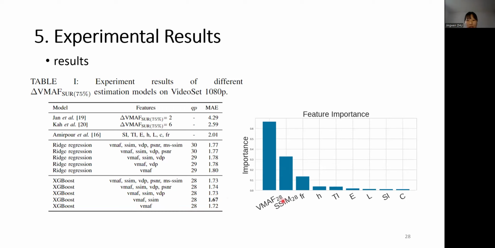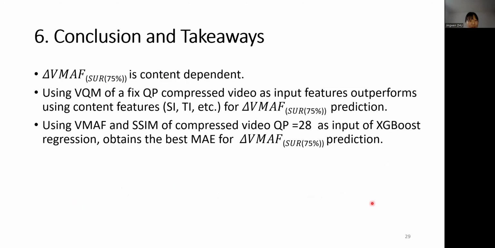We also analyze the feature importance by concatenating all the features. It can be observed that VMAF and SSIM are the most important features compared to other video complexity features. So the conclusions: the first very important conclusion is that the delta VMAF of the 75% SUR is content dependent.